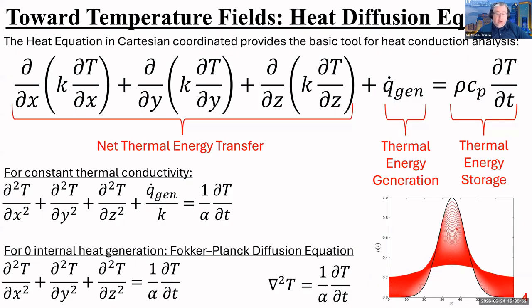Or actually you can look at it the other way too. Depending on which direction time is going, either your object starts with the black line and you let time proceed and the peak dissipates out and widens out, or vice versa. It starts out wide, and then the energy just gets concentrated in the center. So there's, as of yet, no indication of which direction time is going with this plot.